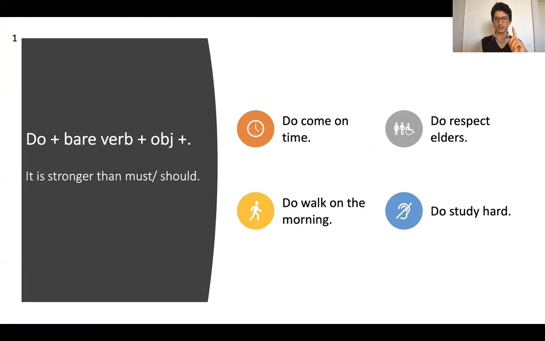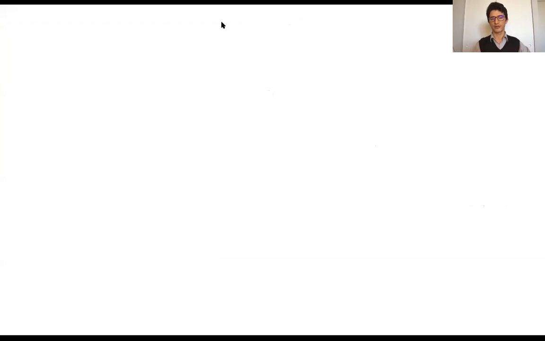Remember, in one category we have two kinds of verbs. One is the bare verb, and the second one is the full infinitive. The bare verb is the form of the verb where there is nothing before or after it.